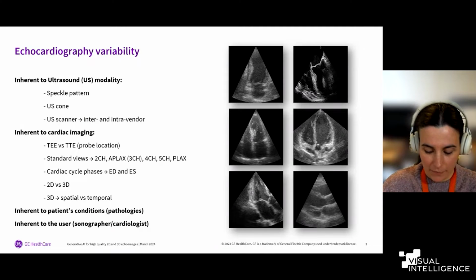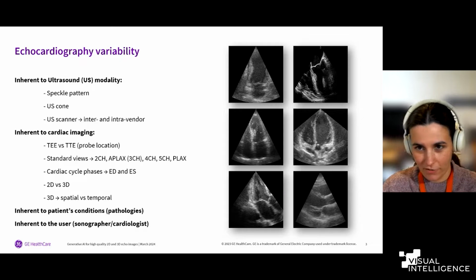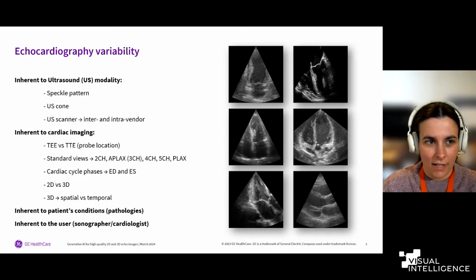There are a lot of variables that can influence the variability of these data sets, and they can be inherent to the ultrasound modality itself. So the speckle patterns that you see, the ultrasound cone shape, so the area that's being imaged.